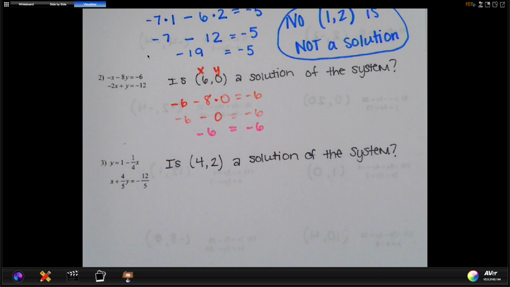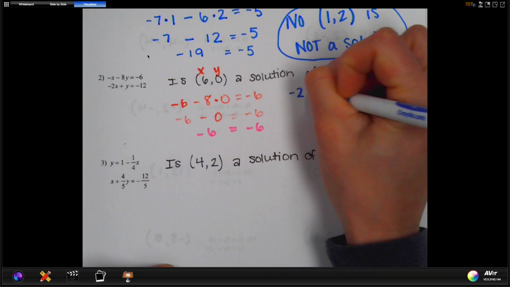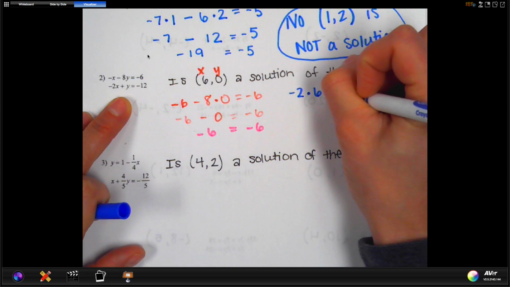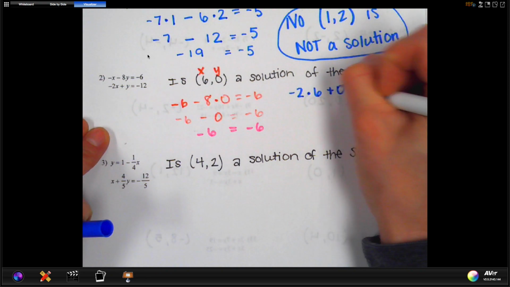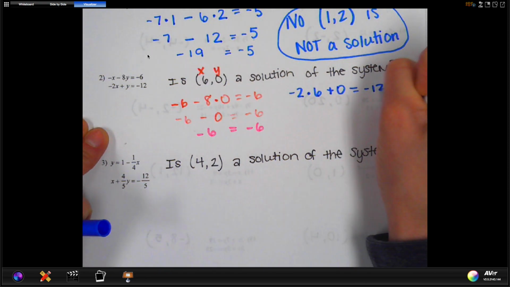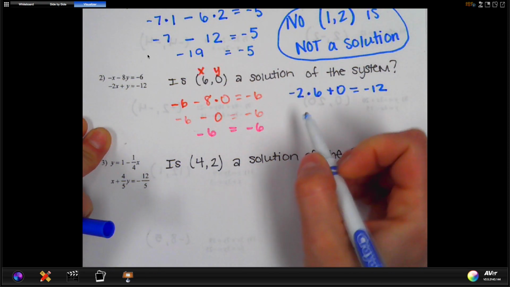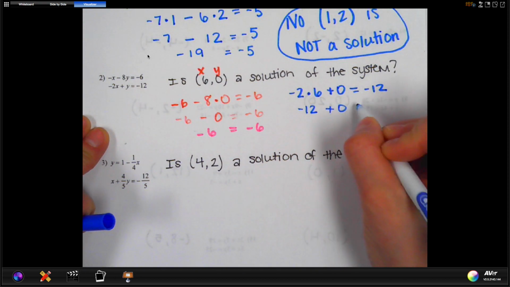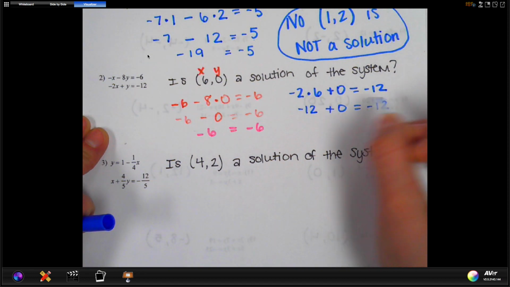The next one says negative 2 times now 6, because that's our x value, plus y, so plus 0, equals negative 12. Again, you want to multiply first, so you have negative 2 times 6 is negative 12, plus 0 equals negative 12. Now we can add that.